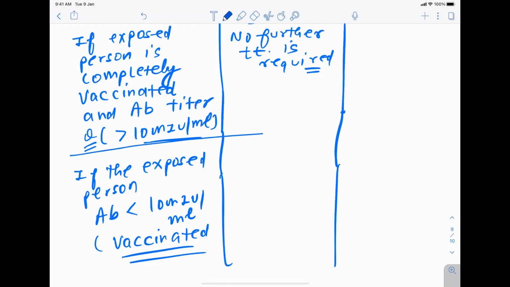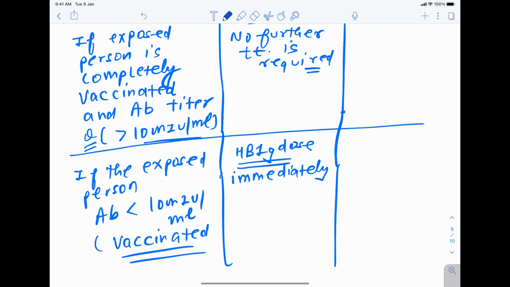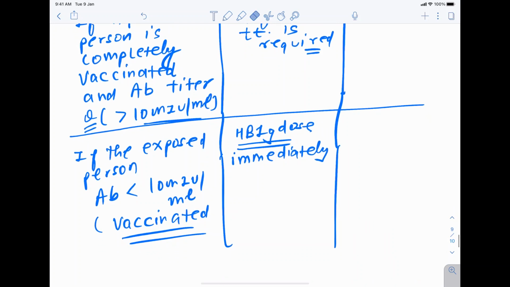In this scenario you will give the immunoglobulin dose, that is HBIG, immediately, maximum up to 7 days, and after that no use.